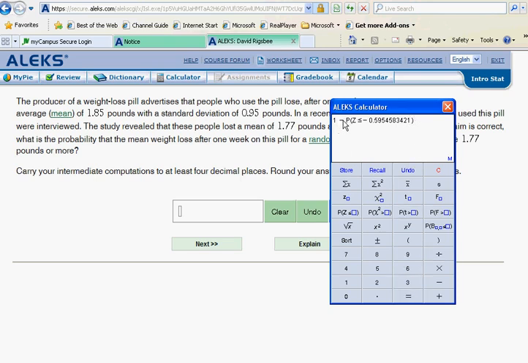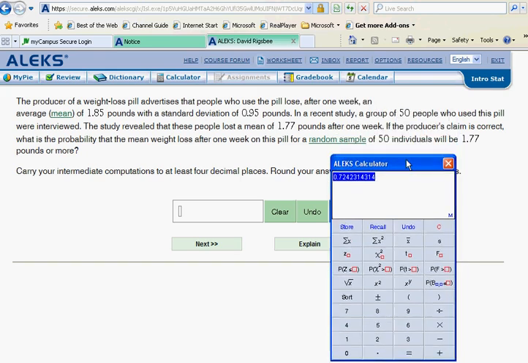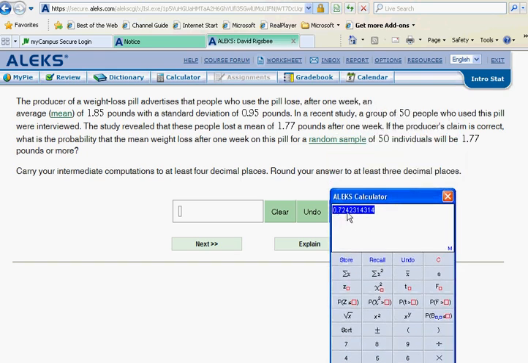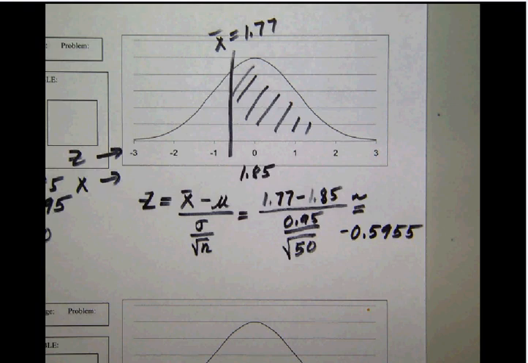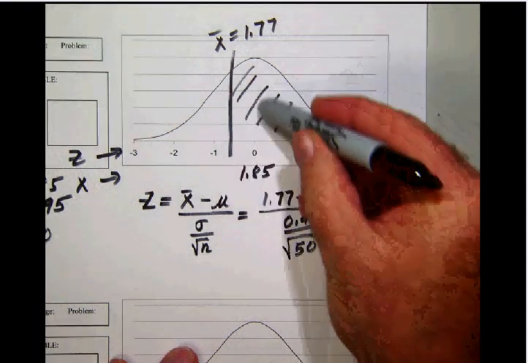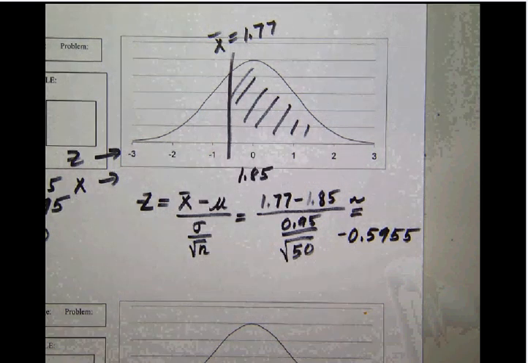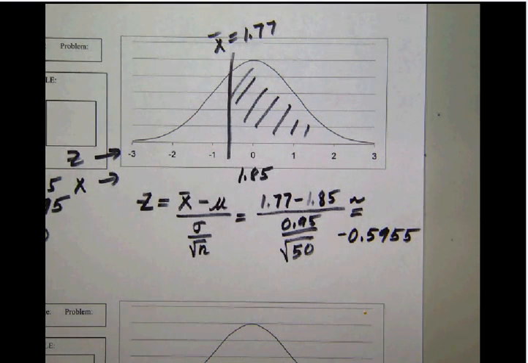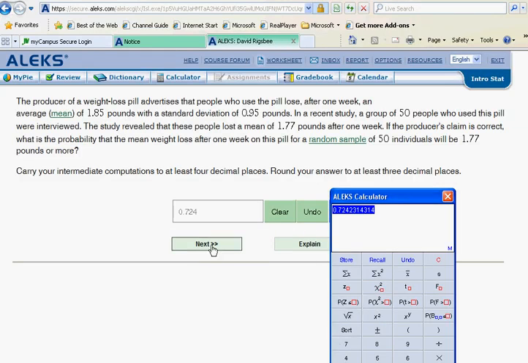This will get the area on the right hand side that we want, and we find that area to be 0.724, to 3 decimal places. Which makes sense because remember here, since our z value turned out to be negative, this area that we're going to want over here is going to be greater than half, and so the answer must be greater than 0.5. So we should be ready to check this problem and see how we did.